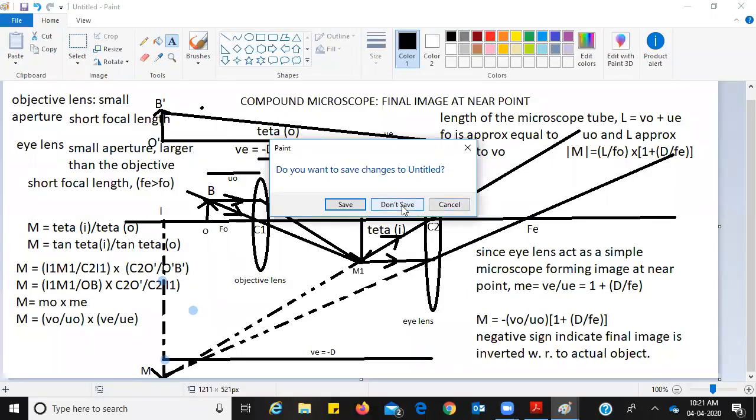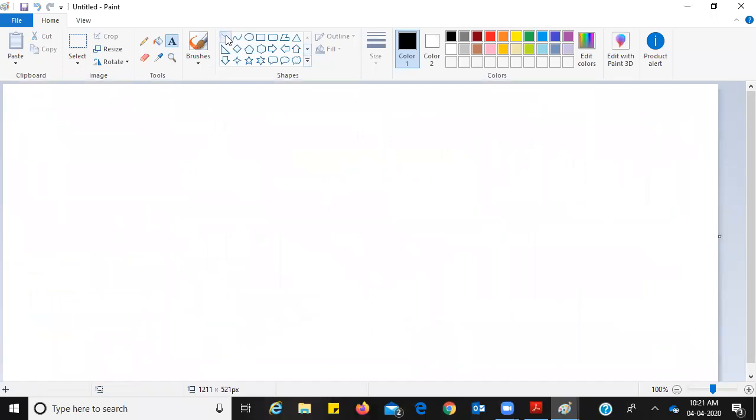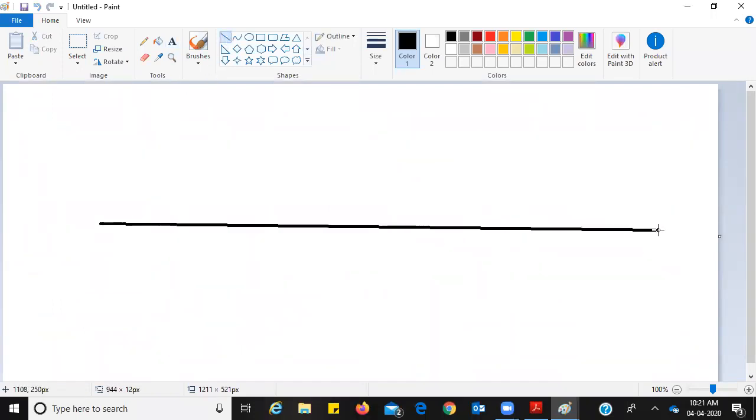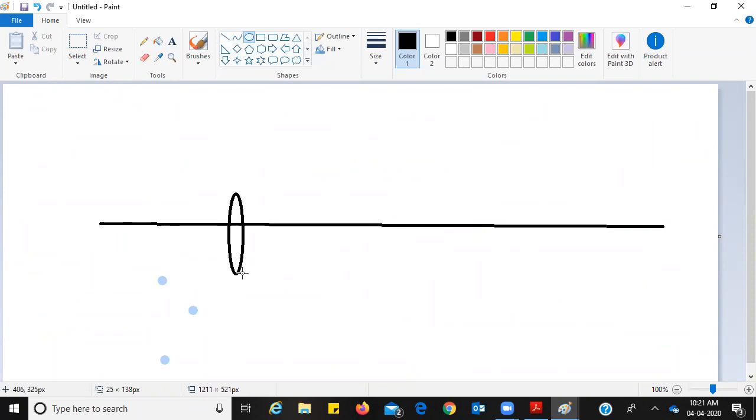Yes, we are drawing now. I'm going to the next page, okay? Principal axis. The first lens. The second lens.